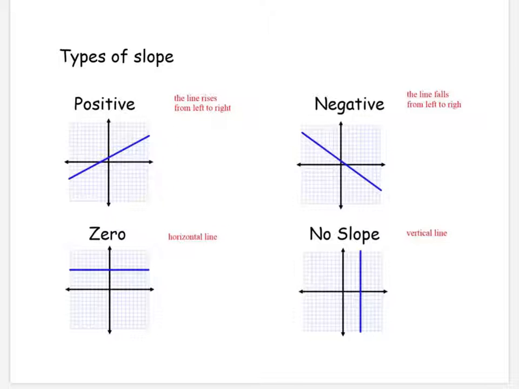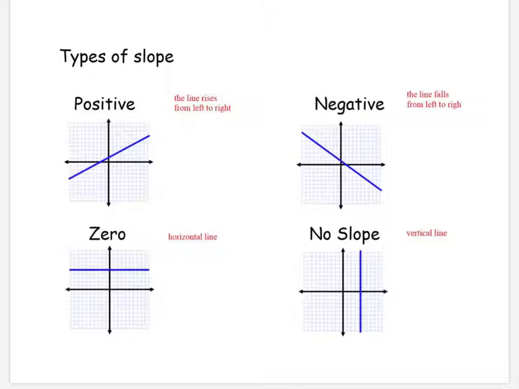Then there are 2 more special kinds of slope. If we have a horizontal line, we say that has a 0 slope, because that line never rises, it never goes up or down, but it always runs, it always continues to the left or to the right. The other type of slope is when we're looking at lines that are vertical, that go straight up and down.